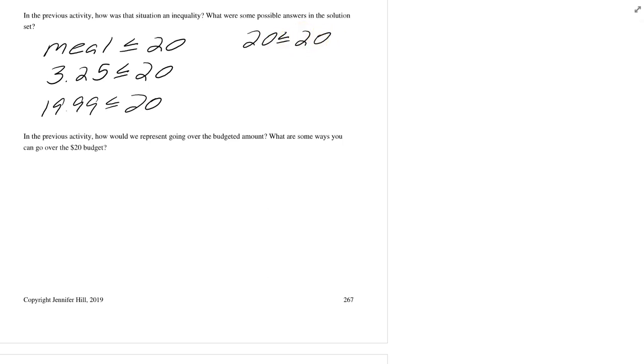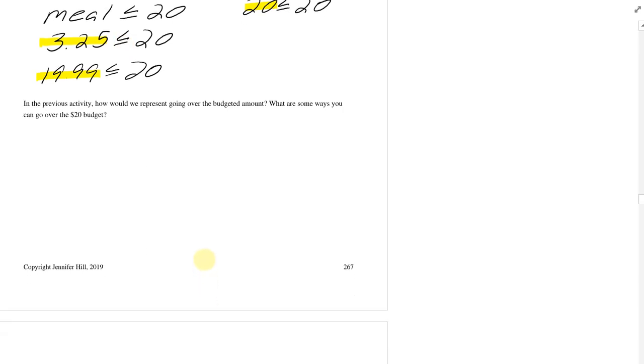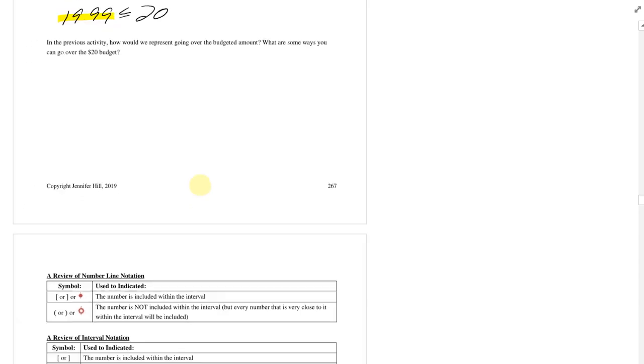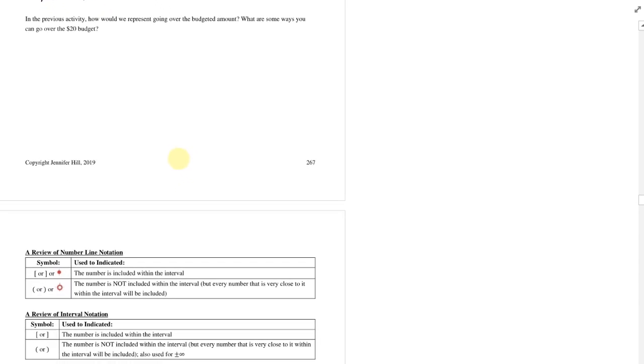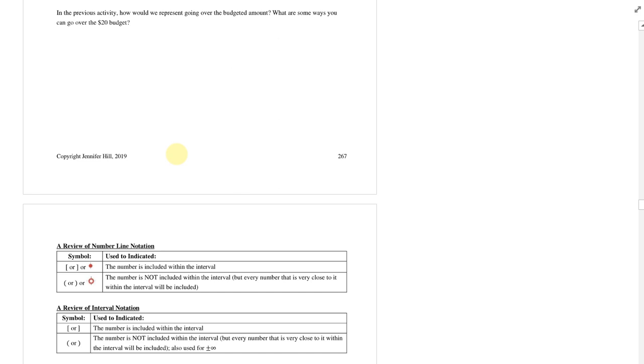So this idea that I have all of these different possibilities, that's what makes an inequality an inequality. And we have this hard limit on what it can be, right? Less than or equal to 20 is actually very clear. That means that you can have $20 or anywhere between $0 and $20. So with an inequality, how could I represent going over the budgeted amount? What would that look like from an inequality standpoint?